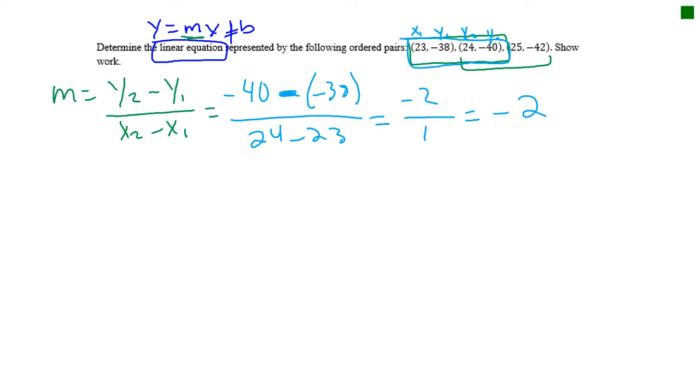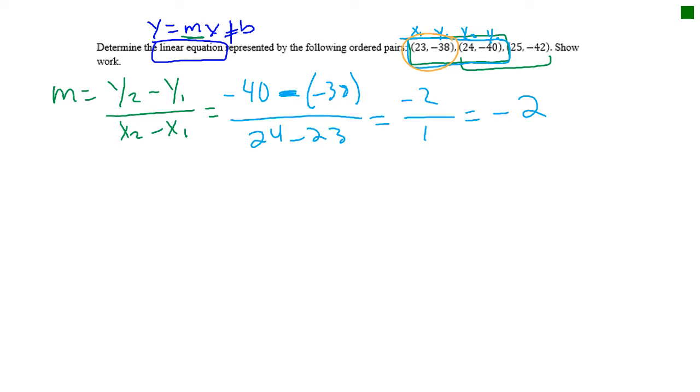But we don't have a table or a graph, but we do have an equation. I do know the slope, and I already know my x and y values if I pick one of the points. Since I picked the very first 2 points for my slope, I'm still gonna pick one of them. I'm gonna pick the first one, okay? And again, the coordinate points is always x and y.